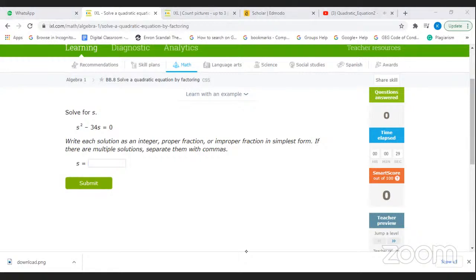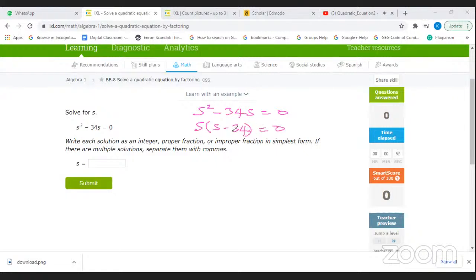To solve this, I will be solving beside it. Here we have x squared minus 34x equals 0. We are very lucky here, this is just a binomial. What is common? x is common. Into brackets: x into x minus 34 equals 0.